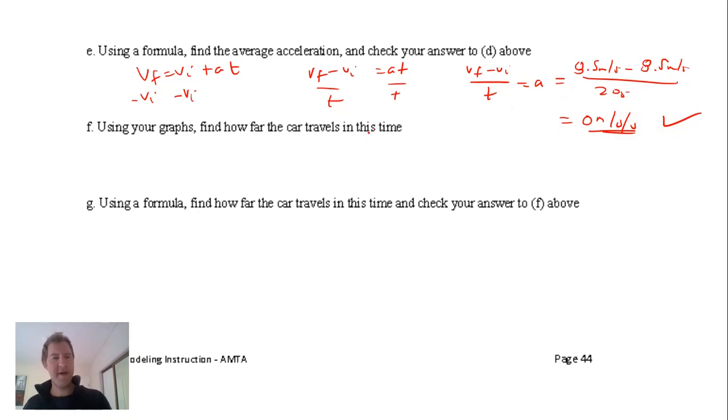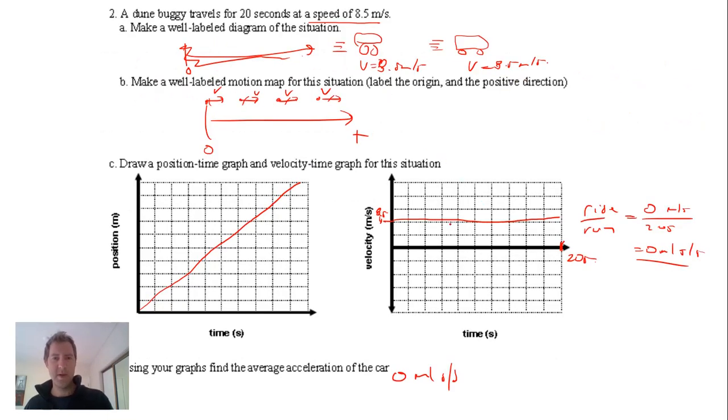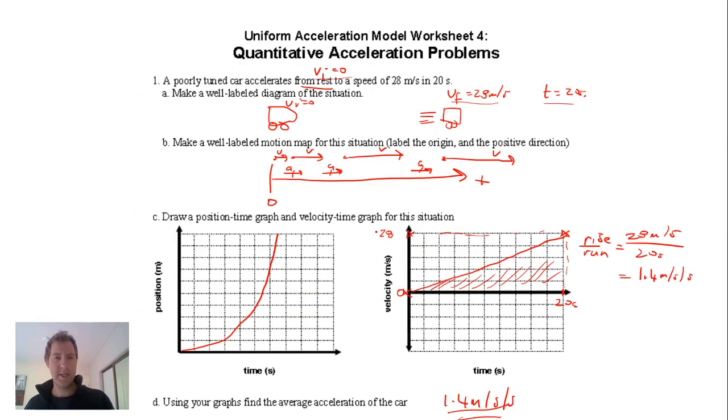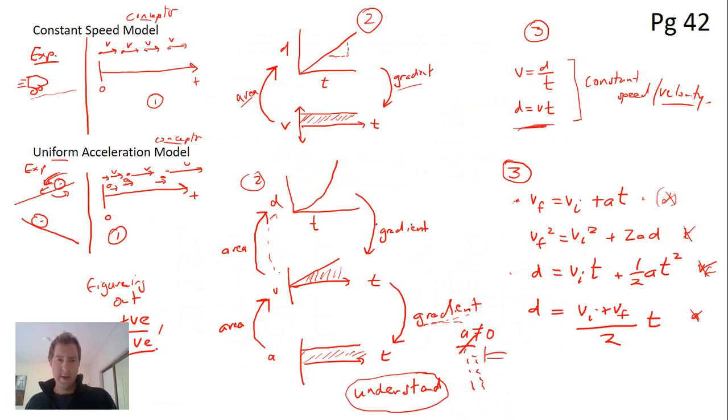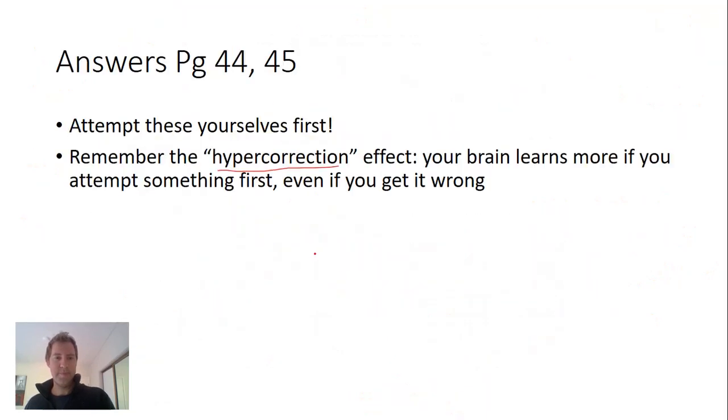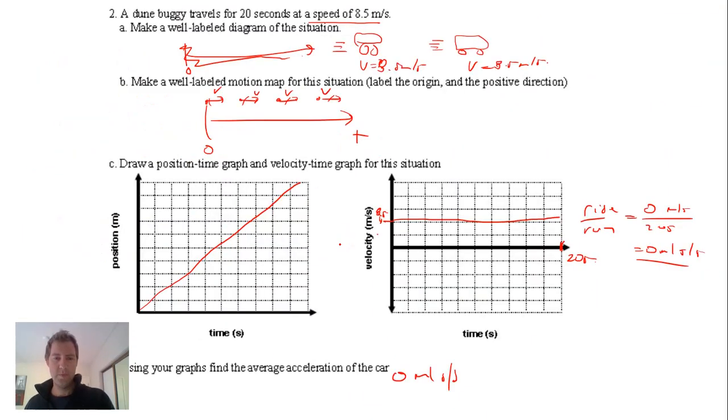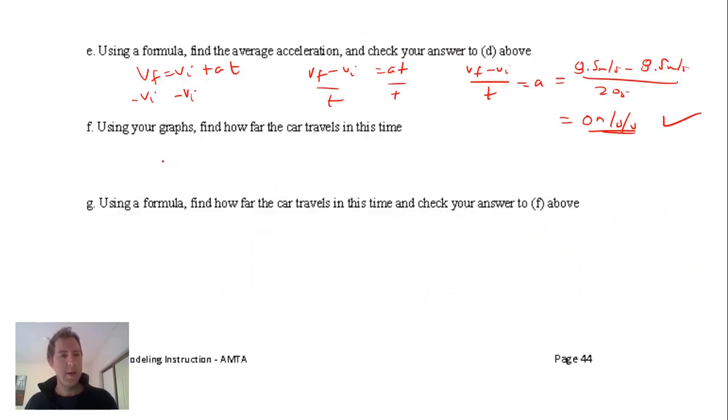Use the graphs to find out how far the car travels in this time. So I'm going to use my velocity time graph to work out how far it travels, because I'm going to go back to this page again. My velocity time graph, if I work out the area under that velocity time graph, it tells me the distance. So the area under here, it's a rectangle, so that's base times height.